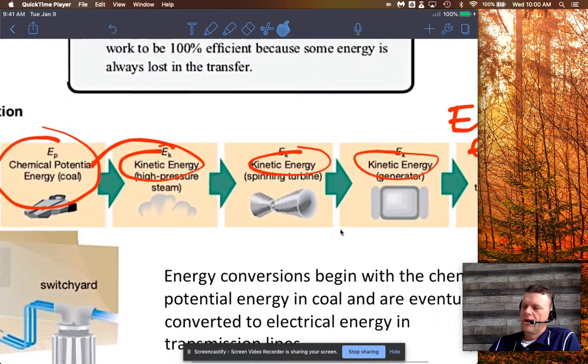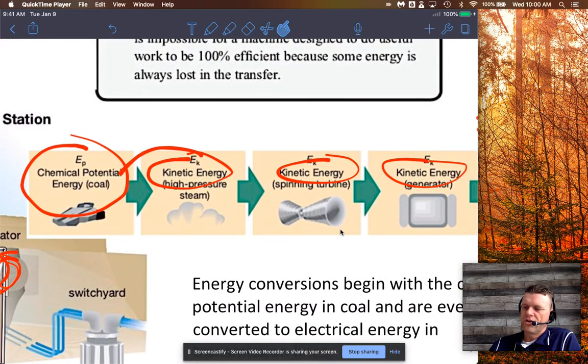So the general conversion here is you start with chemical potential energy in the coal, and when you burn it, you release all of that heat and energy. It's really thermal energy that's released, but that then causes kinetic energy. That's maybe an oversimplification, but you have the movement of the steam and the movement of the water molecules that are now in gas form, not water form.